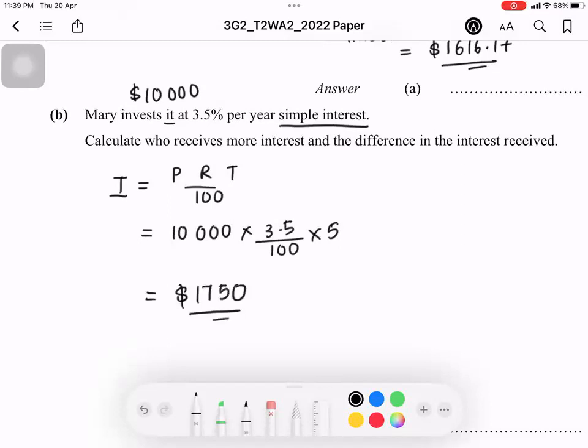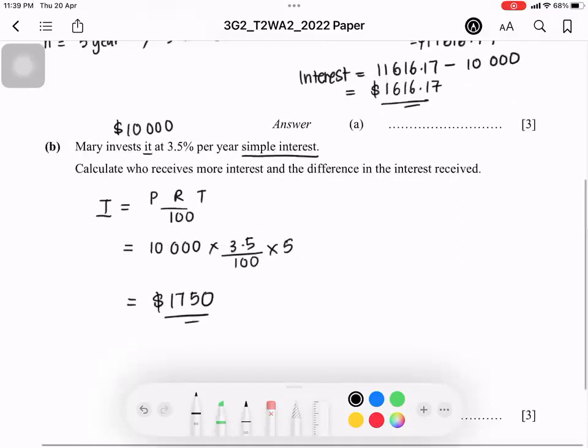$1,750 for my interest. Calculate who received more interest. One amount is this one, the other is this one. So who received more, which is larger? Mary will receive more, right? How much more? They want the difference.